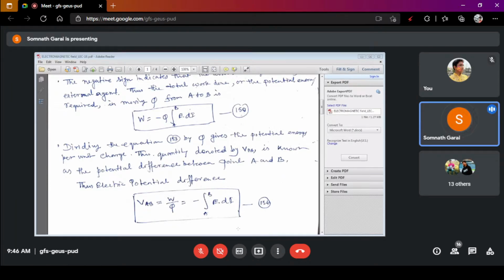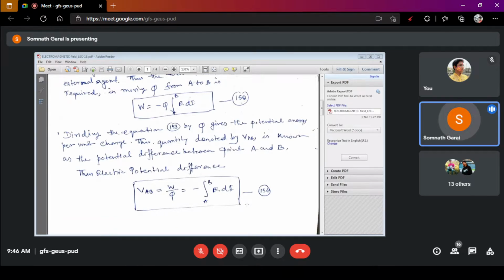So VAB is equal to W by q, which is equal to minus the integration from A to B of E dot dl.